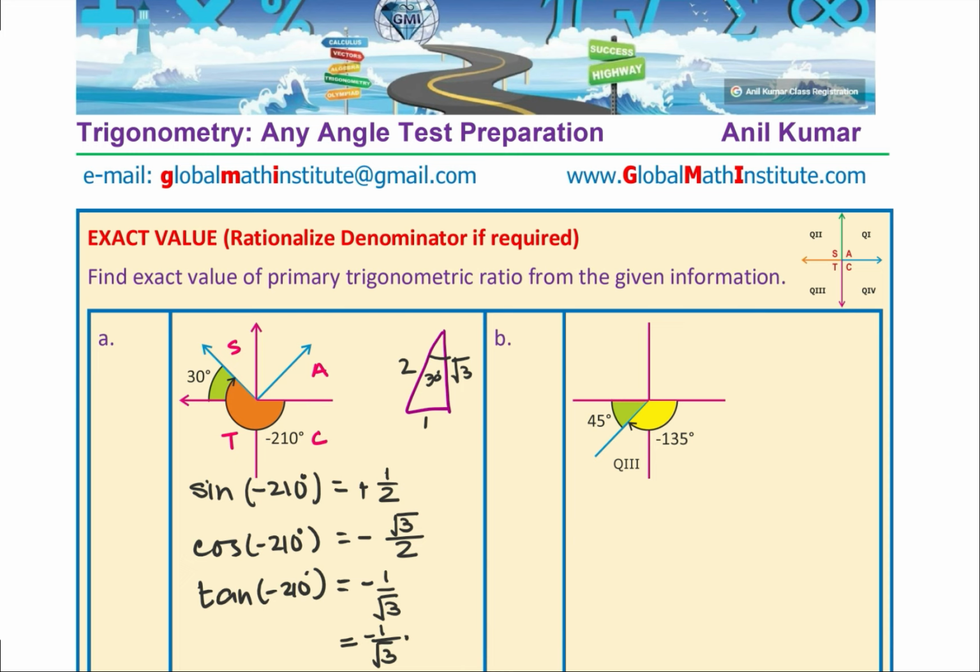That means you're going to multiply and divide by square root 3. And that gives you the answer as minus square root 3 over 3. So your answer should be minus square root 3 over 3 and not 1 over square root 3. Otherwise, you're going to lose 0.5 marks, okay? Perfect.